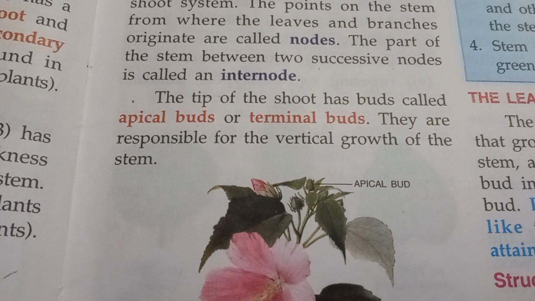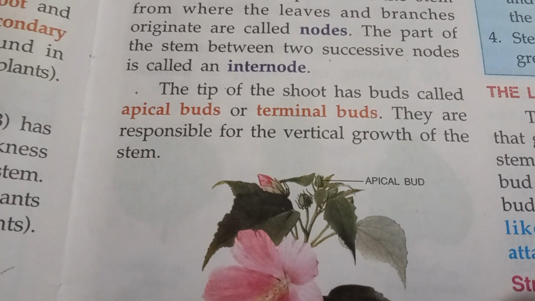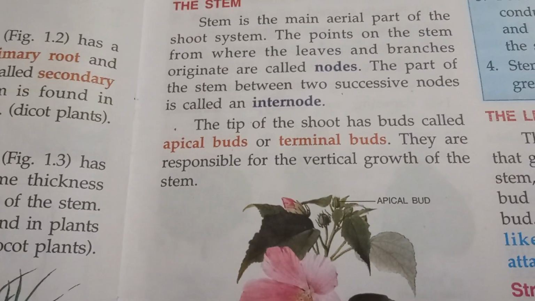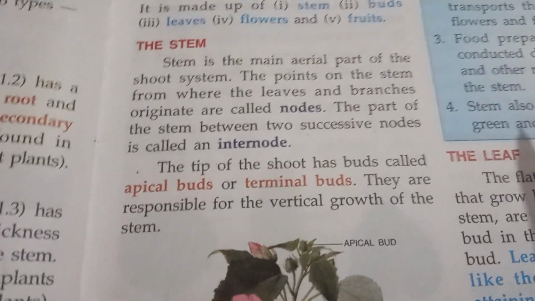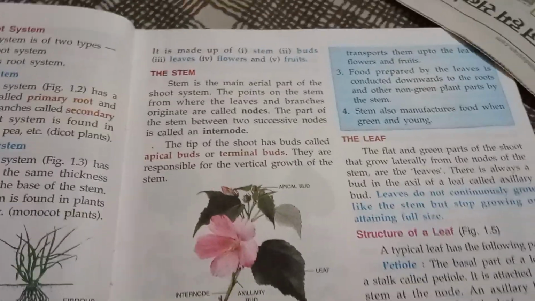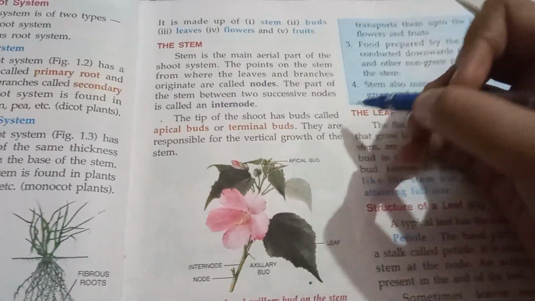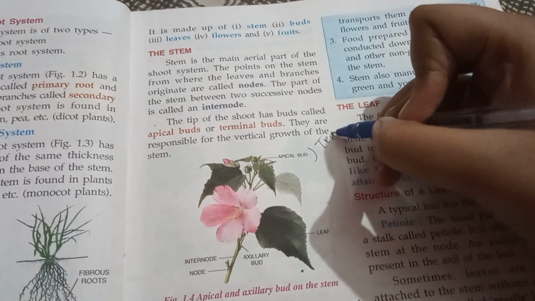In this book both of them are the same, just two different names for a point. They are responsible for the vertical growth of the stem. So in the diagram, this is the apical bud, which we can also call the terminal bud.